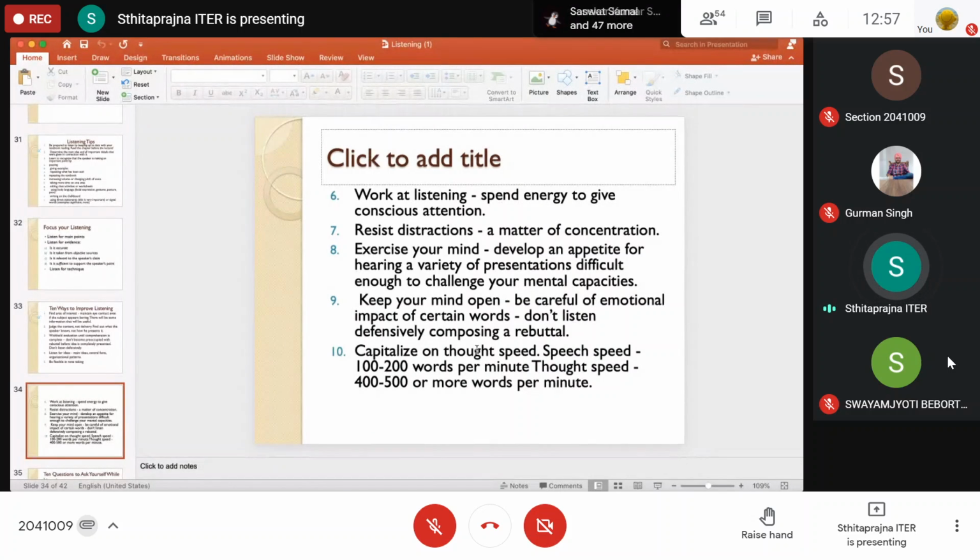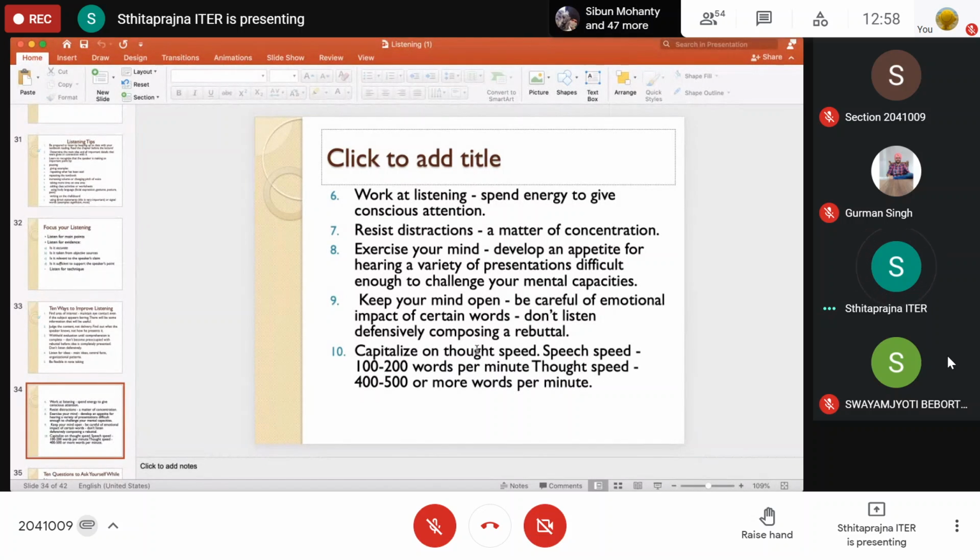Be careful of emotional impact or emotional trigger. You've just recently broken up with your girlfriend, and then the speaker talks about love, trust, and it creates a trigger, emotional trigger in your mind, and you become emotional. You get preoccupied and not listen to what the speaker says.